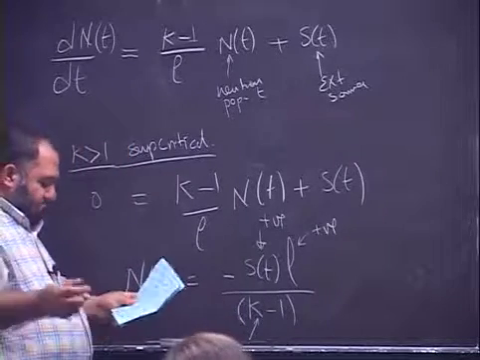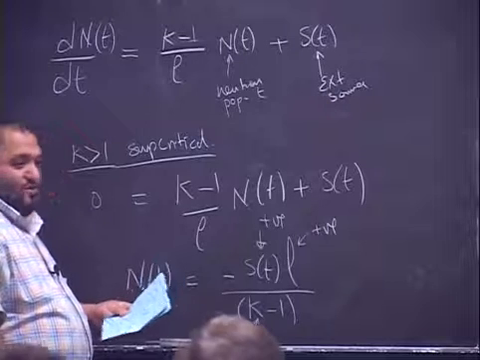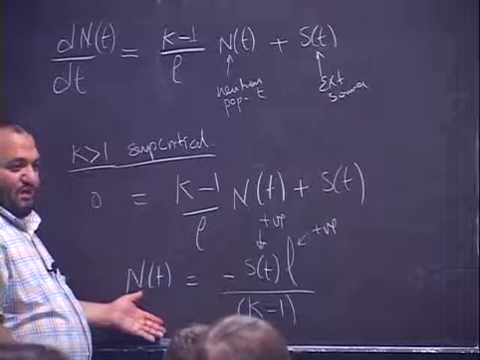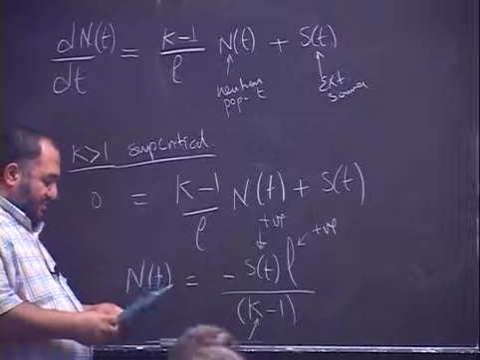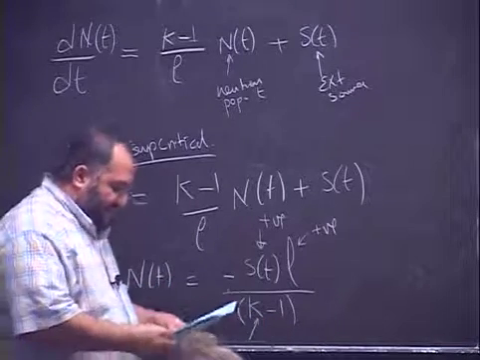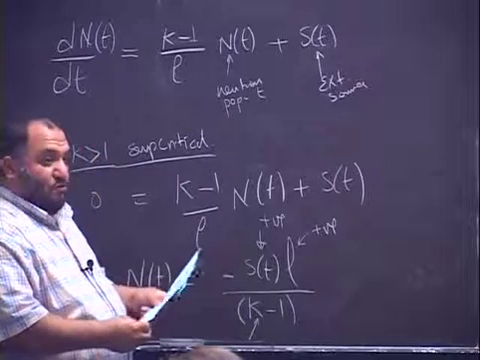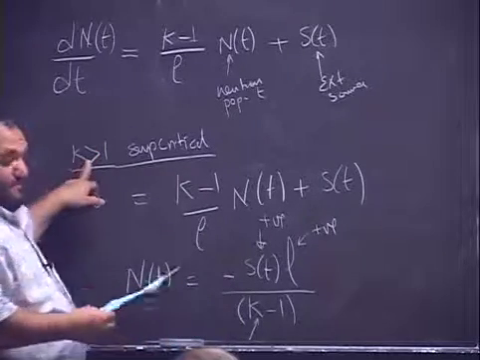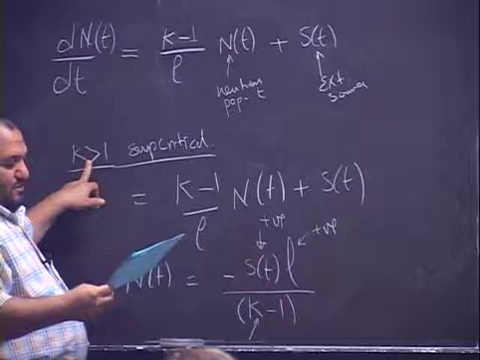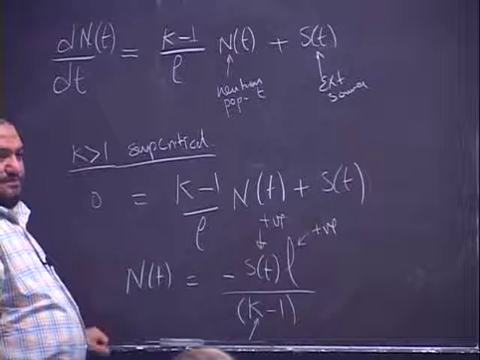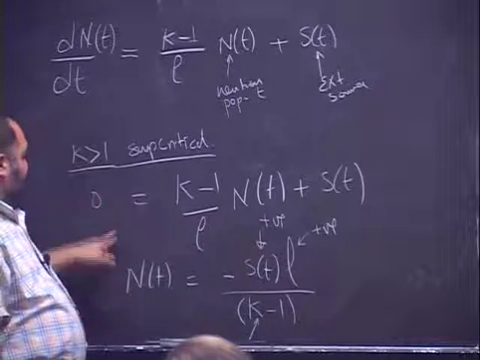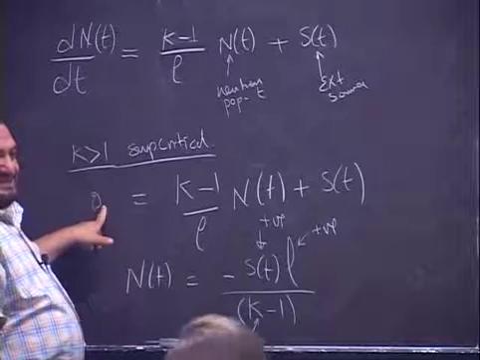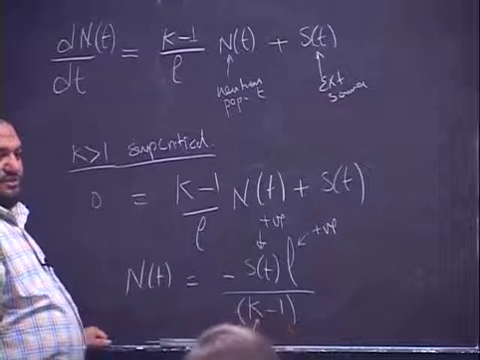This means that there is no solution for this equation. It's wrong. The neutron population cannot be a negative quantity. So the equation does not have a solution for k greater than 1 and steady state.